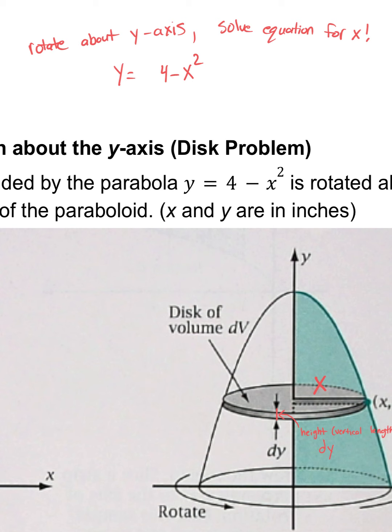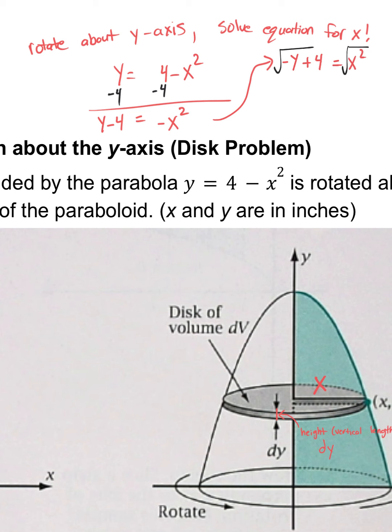The first thing that we're going to do is subtract 4 from both sides. So we get y minus 4 on the left. On the right, we have negative x squared. Before we can take the square root, we have to get rid of a negative. So we're just going to multiply through by a negative, and I get negative y plus 4 is equal to positive x squared, and now I can take the square root.